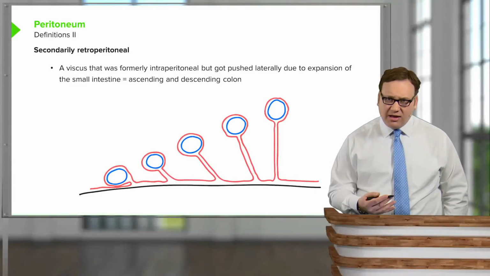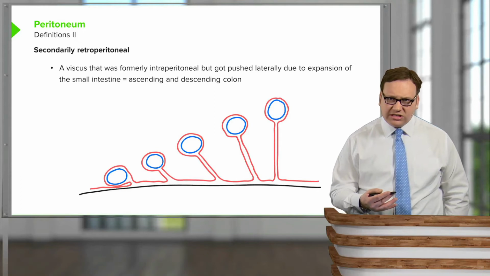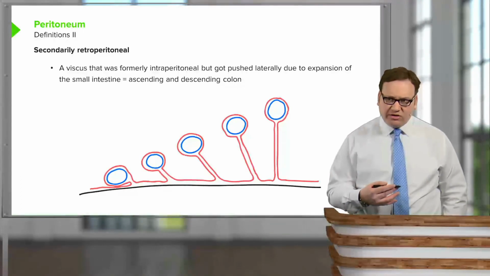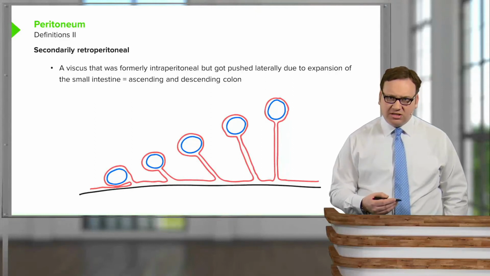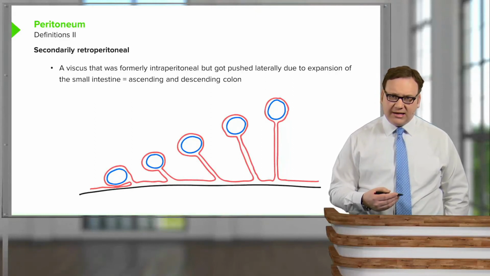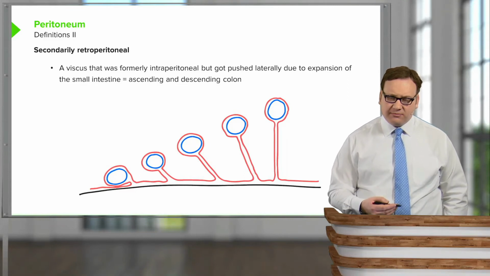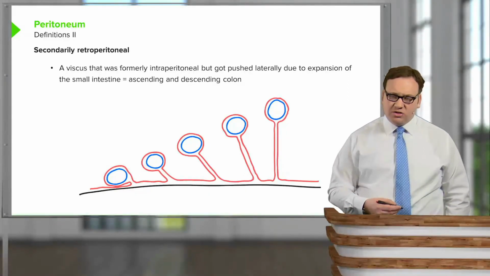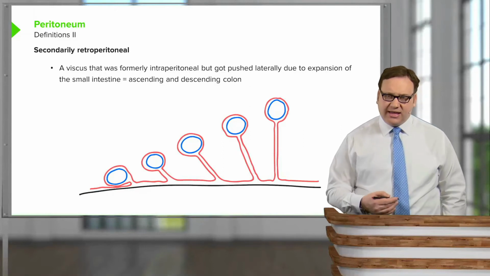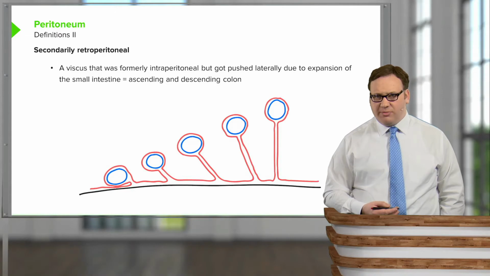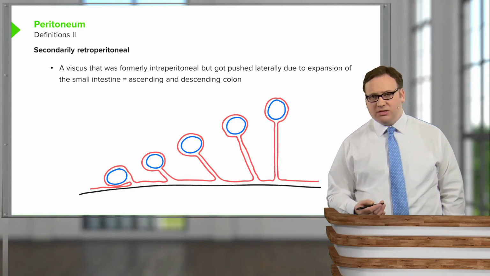So originally it was an intraperitoneal organ suspended with a mesentery, but during development it has assumed this retroperitoneal position, and therefore we call it secondarily retroperitoneal. It is retroperitoneal due to a different process than the kidneys or the pancreas. Other secondarily retroperitoneal organs include the duodenum as well.